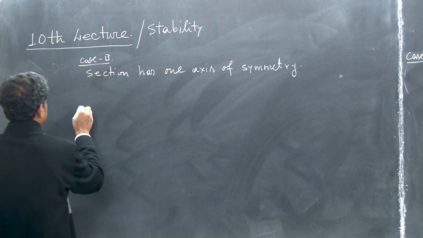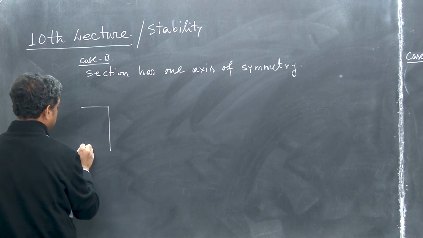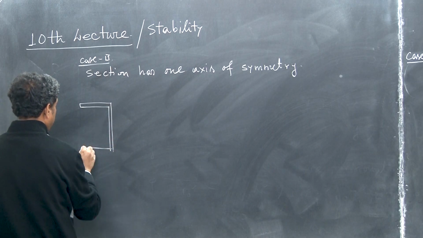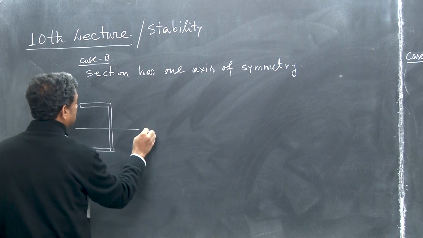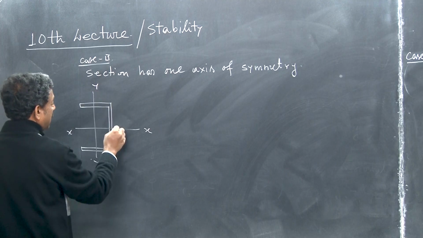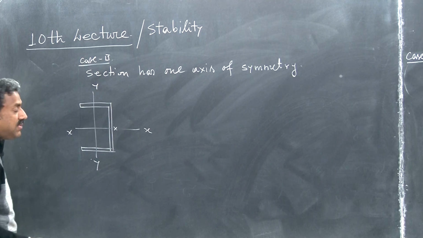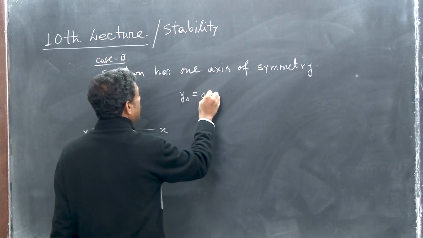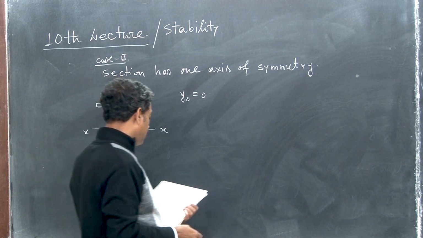So consider that a channel section has one axis of symmetry, right. If we consider this to be x and this to be y, you see that the shear center will lie on this axis of symmetry. So here, y0 will be 0. If y0 is 0, then what will happen?